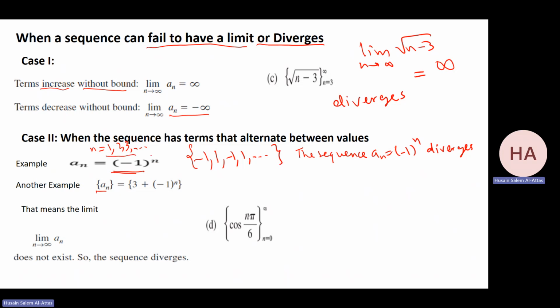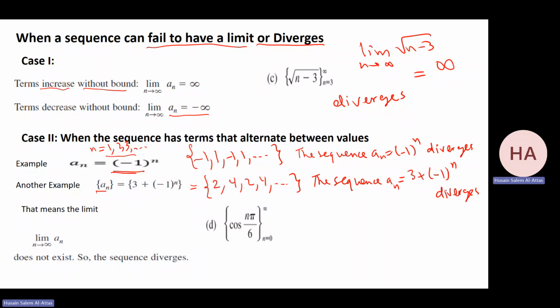Assume I'm starting from 1. At 1, it will be 3 minus 1, that will be 2. At 2, it will be minus 1 squared, that is 1, 4. At 3, it will go to 2, 4. I don't know where it will stop. So we say the sequence, which is 3 plus minus 1 to the power n, diverges.